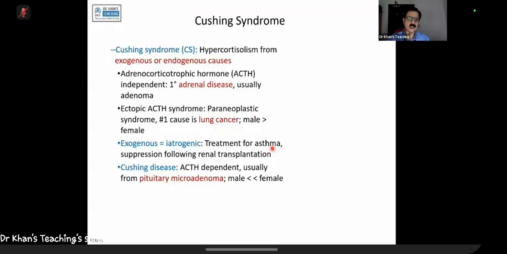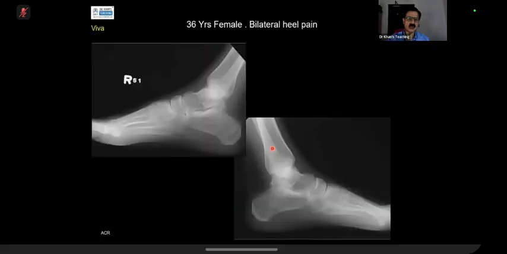So what we will do is, okay, there is another case, candidate 4. This is your last case of the day. This is a 36-year-old, and the patient has got bilateral heel pain. Over to you. This is an X-ray of bilateral foot, lateral view.